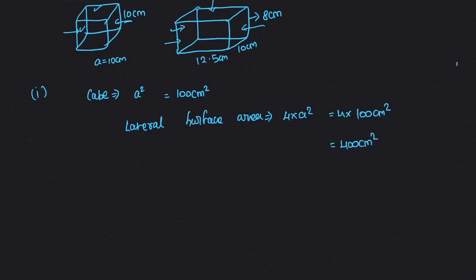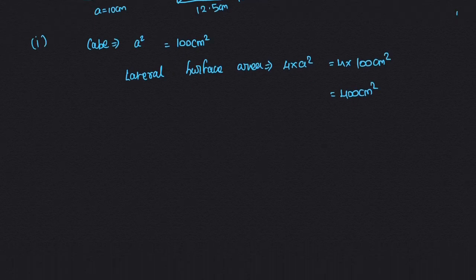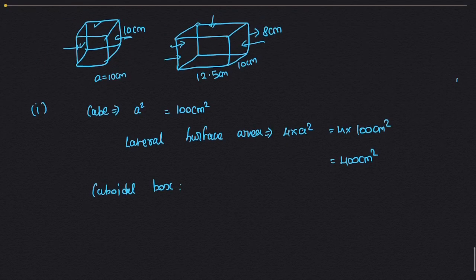The next one, the same concept for the cuboid. The front means L and height. So front and back, 2 times LH.